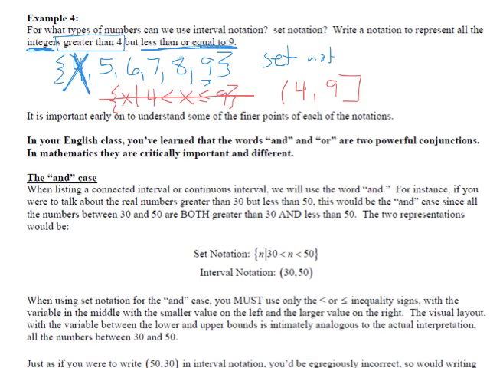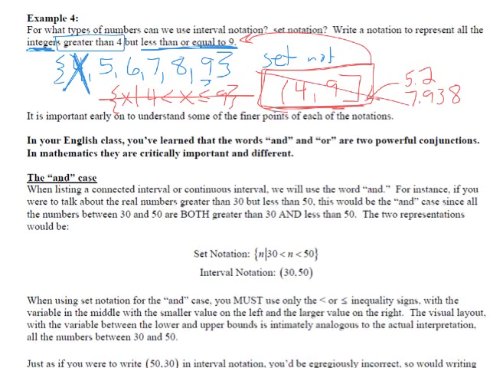And then I'd be like, oh, there we go, that works. But then I realized that inside this set is the value of like 5.2 or 7.938. And this includes a whole bunch of values that are not integers. So we cannot use interval notation on this.